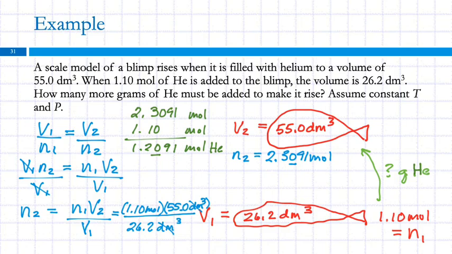Ooh, workpad time. Can I figure out how many grams that is? Sure. 1.2091 moles of helium times grams divided by moles. It's 4.003 grams of helium per mole. The moles will cancel out.